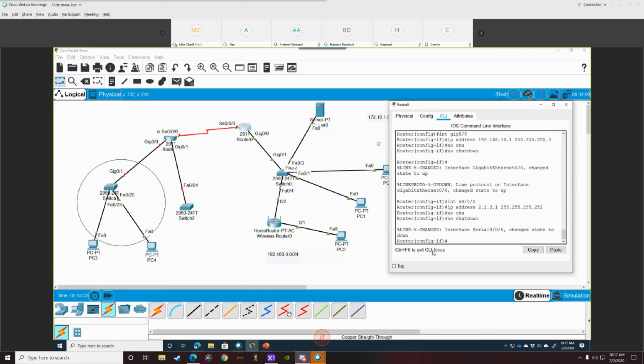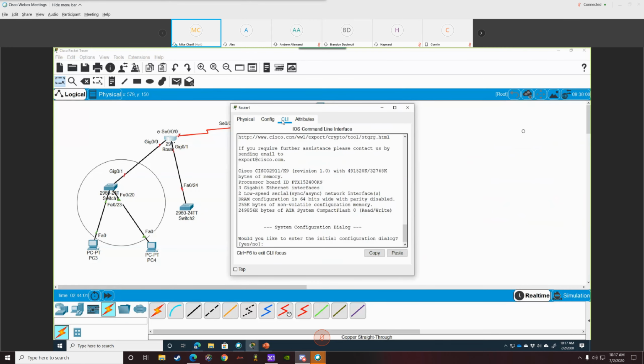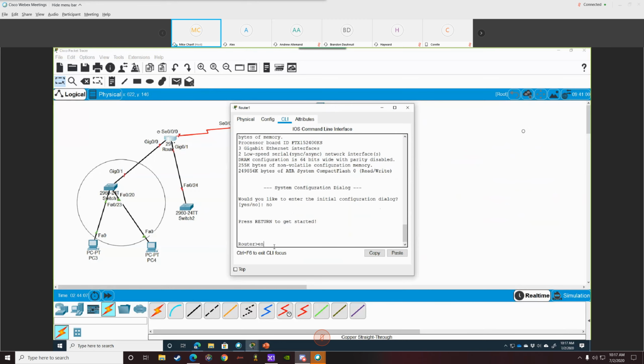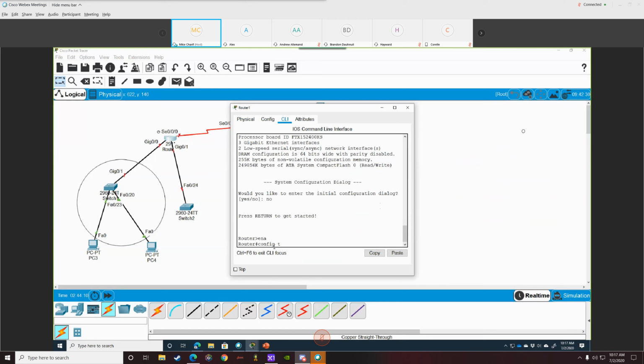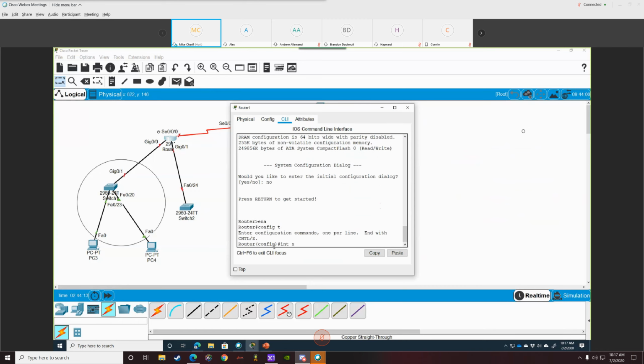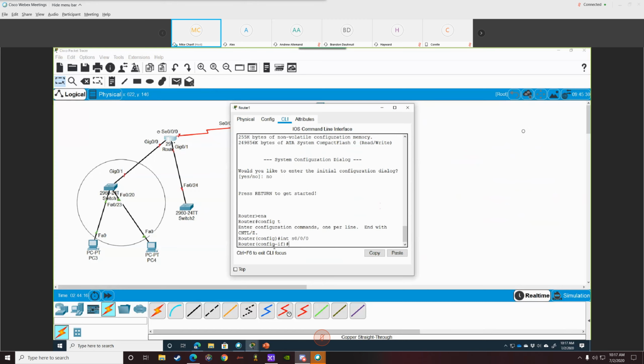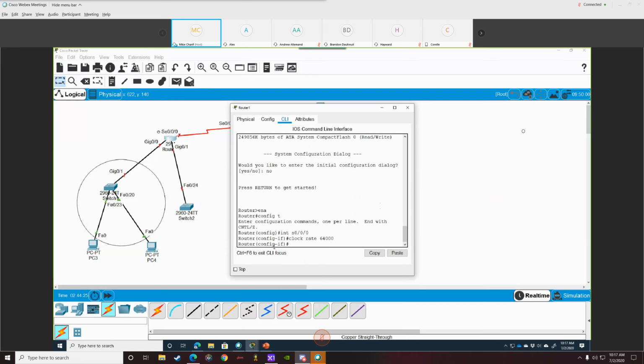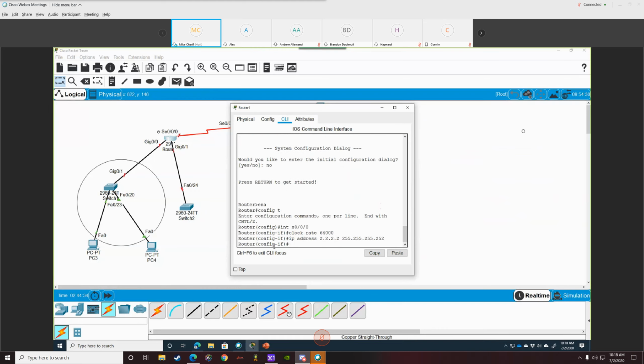Then I need to go to this interface right here on the other device. Enable, config t, interface S0/0/0. This has a clock rate, so I put clock rate 64000 on this one. And the IP address is 2.2.2.2, 255.255.255.252, no shutdown.